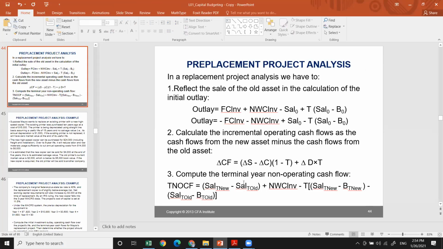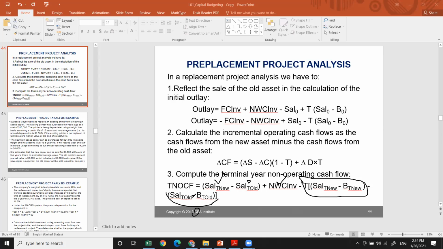At the end of the 5th year, it's 0. And the book value of the old equipment at the end of the 15th year is 0. So we have only this amount and this amount.